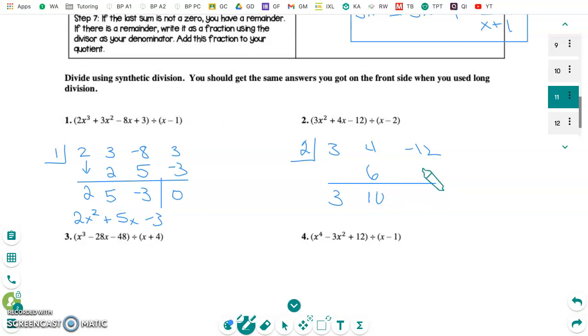What number goes here? 20. And then that gives us a remainder of what? 8. Okay, and then just add these back in. This one's always going to be a number by itself, and then we're just increasing the powers as we go this way. So this one's going to be 3x plus 10 plus 8 over x minus 2.